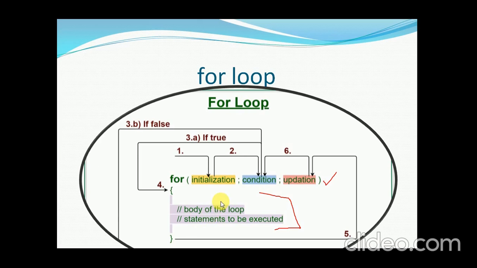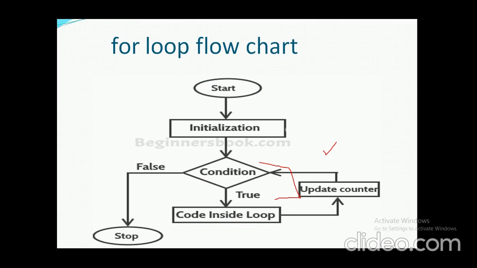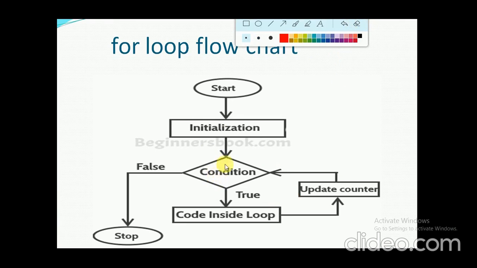First we see the structure of this. Now we see the flow chart. First, the program starts. Then initialization is done. After initialization, it tests the condition. If the condition is true, then the body of the loop, whatever statements you want to repeat, is executed.